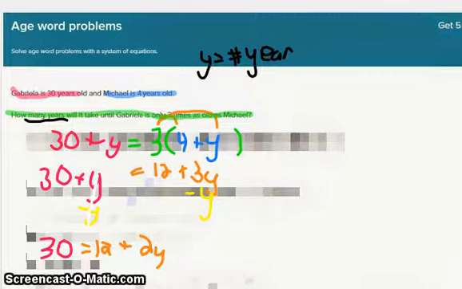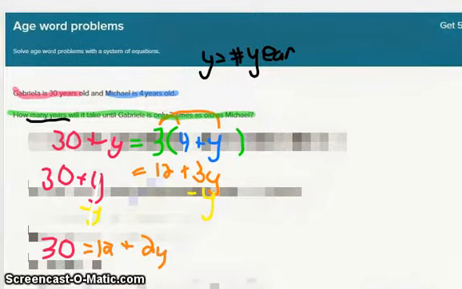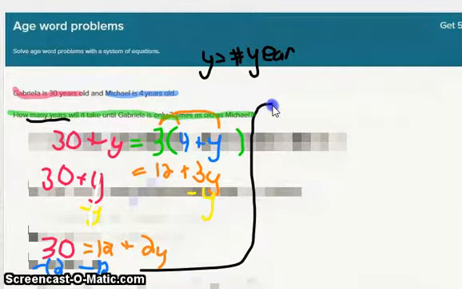So we're going to subtract 12 from both sides. See how I ran out of room? That's okay. All you need to do is draw a line up to where you're going to be going, so you can follow your work and other people can follow your work.